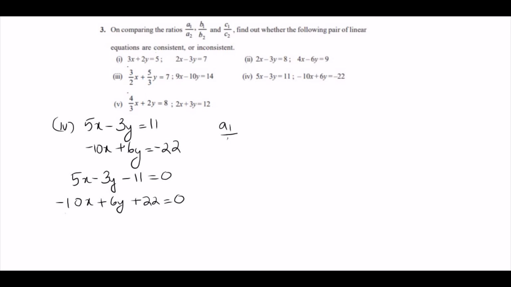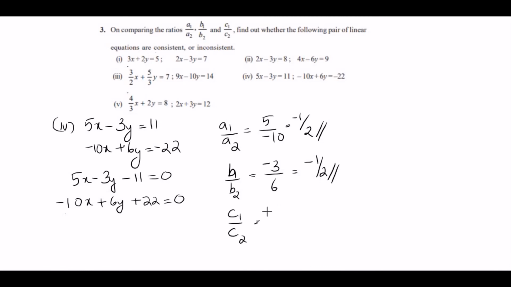So do a1 by a2, that is 5 by minus 10, that is equal to 1 by 2 and a negative sign. b1 by b2 is minus 3 by 6, so minus 1 by 2, and c1 by c2 is minus 11 by 22, that is minus 1 by 2.